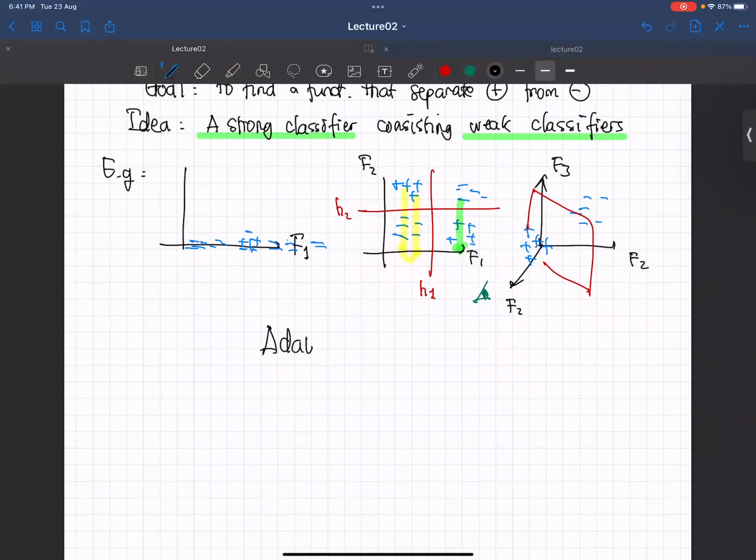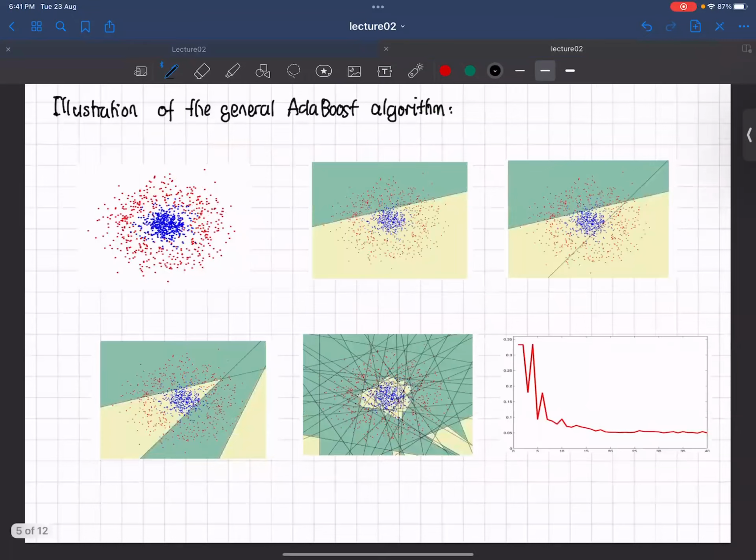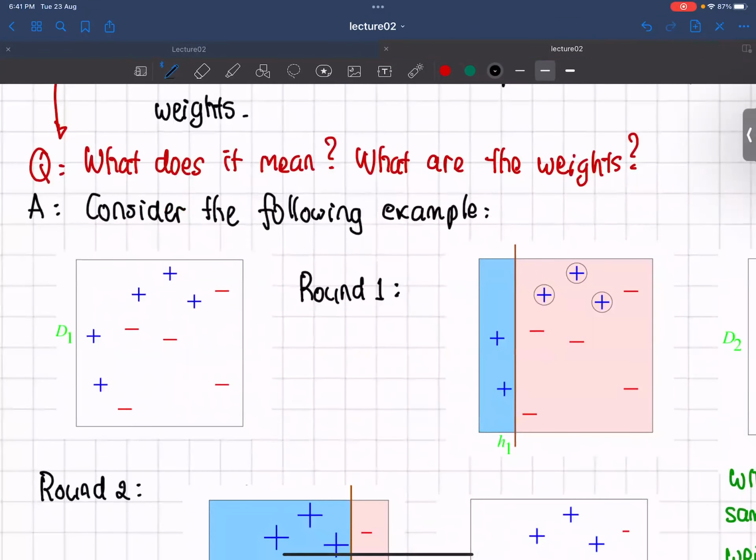Again, AdaBoost means adaptive boosting. So the keyword that differentiates AdaBoost from boosting is adaptive. What does adaptive mean here? I can give you an example in the lecture notes that I have prepared.